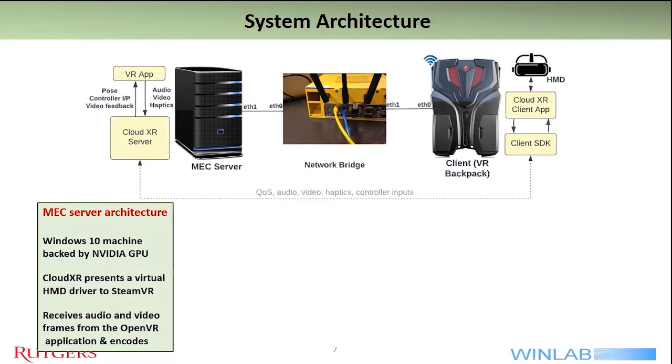CloudXR presents a virtual HMD at the MEC server's end, so that the OpenVR application at the server's end realizes that there is a virtual HMD available and doesn't mess around with the application at its application level. Along with that, it receives the control motions from the client side, then does the rendering and encoding, and sends it back to the client.